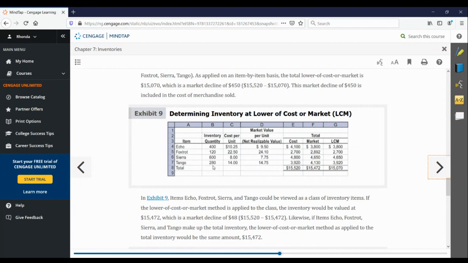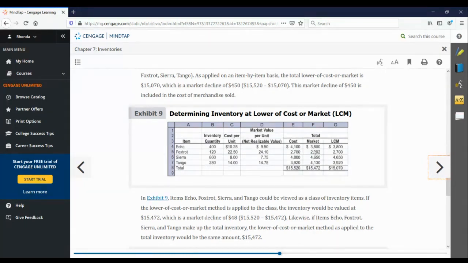And Tango is 280 units times $14 as a cost per unit, which will give you 3,920. So we determine the total cost first of the items of inventory that we're valuing.